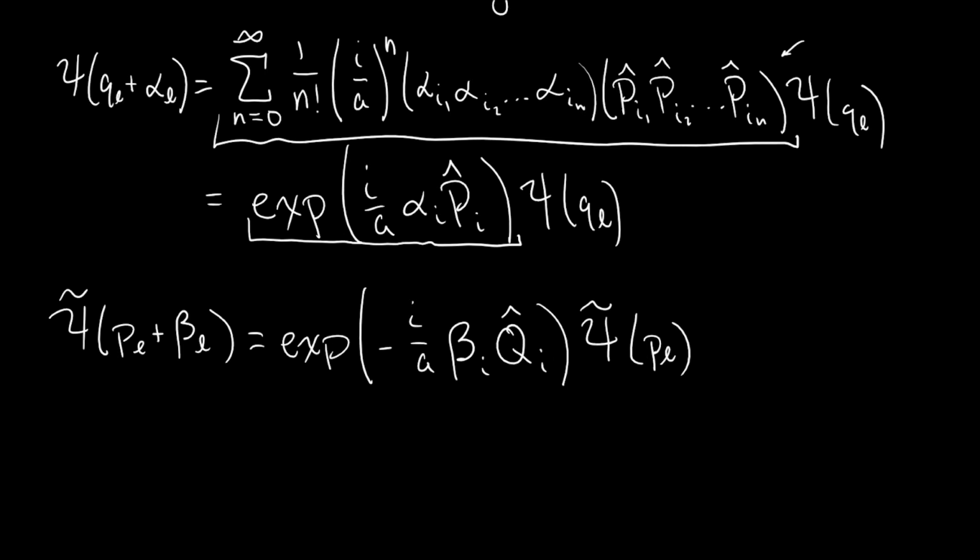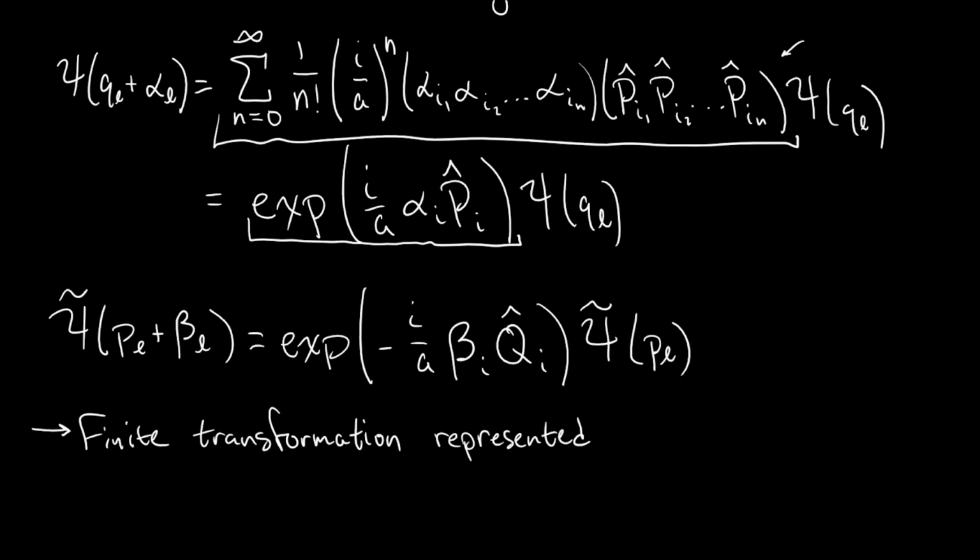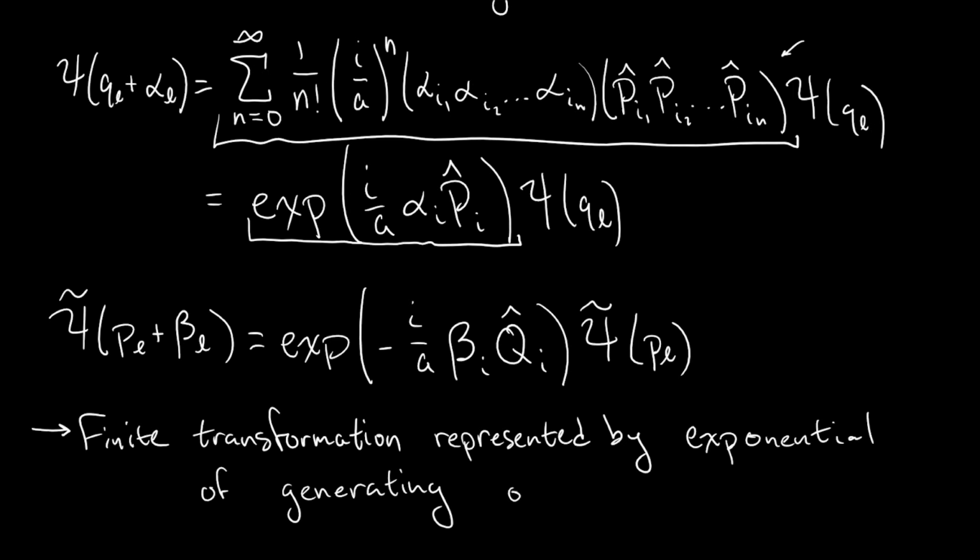So in general, we see that a finite transformation is represented by an exponential of the generating operator.